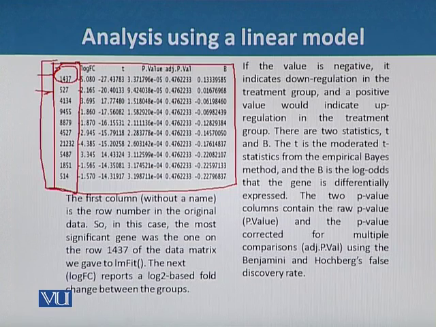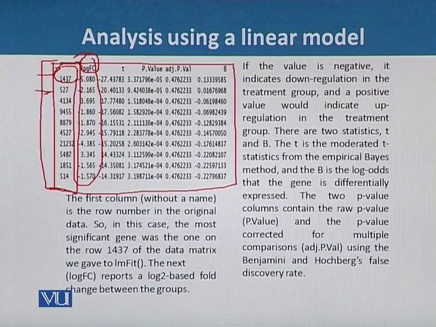The next column is the logFC, and this reports a log 2 based fold change between the groups. So this is the fold change that it shows for each of the genes. We can see here that some values are negative and some are positive. If the value is negative, it indicates down regulation.